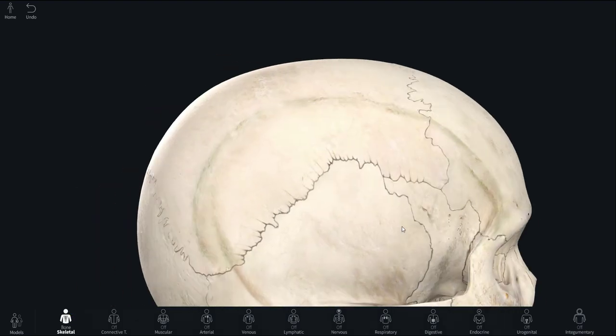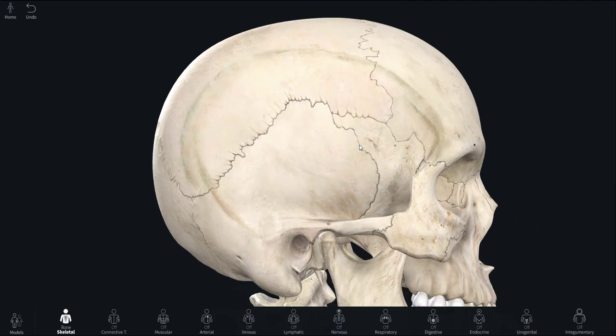Let's see how. In the norma lateralis, which is the lateral view of the skull, we can make out that this is the frontal bone, right? And this over here is the sphenoid bone. If we are to see the articulation of these two bones, we would appreciate that it is along this boundary over here.